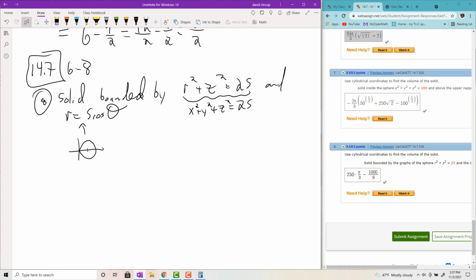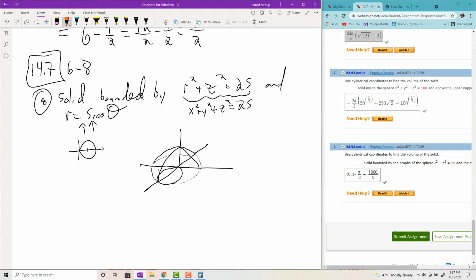So if you put this into 3 dimensions, you're dealing with a circle going out to 5 on your sphere. And if you let z vary for r equals 5 cosine theta, that becomes a cylinder. So it's going up and cutting through our sphere, more or less.